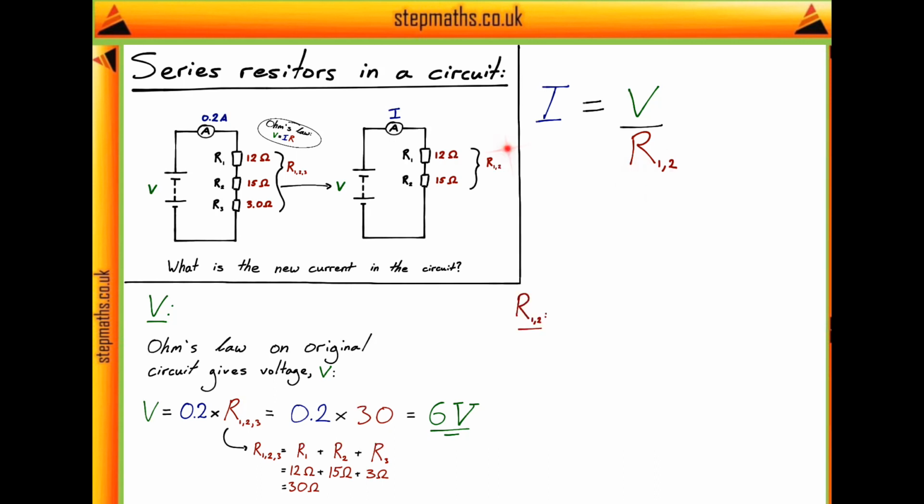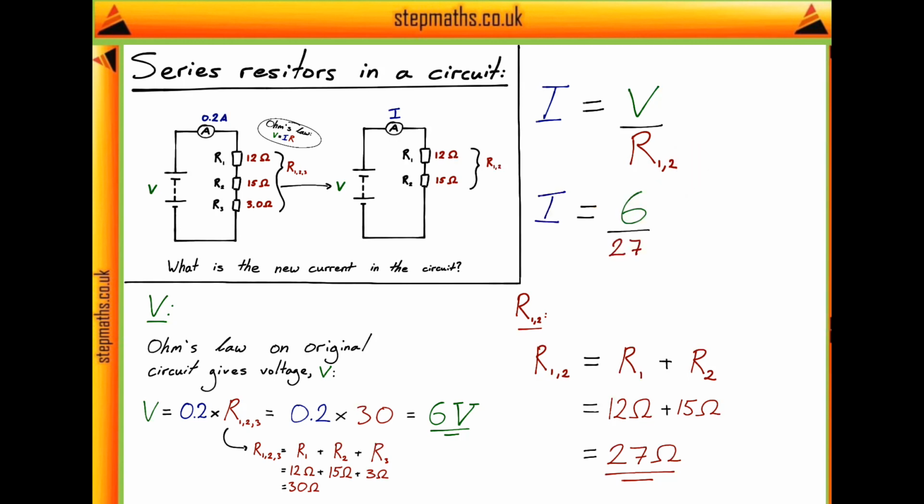Since this circuit is just made up of the two resistors in series, we do just as we did previously and add together R1 and R2, giving us a final answer of 27 ohms. If we substitute our value of 6 volts and 27 ohms back into our original equation, we find that the current is equal to 6 over 27, which simplifies to 2 over 9.